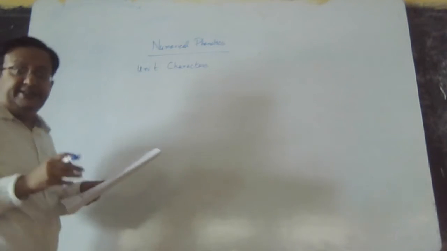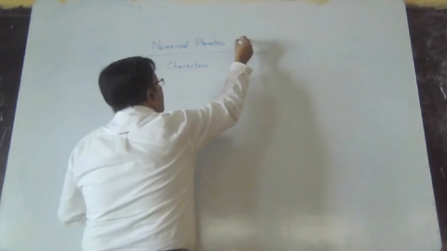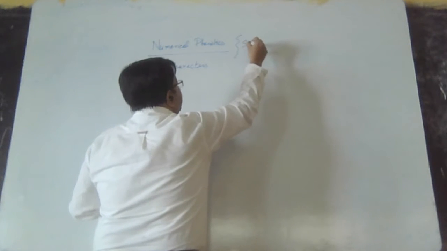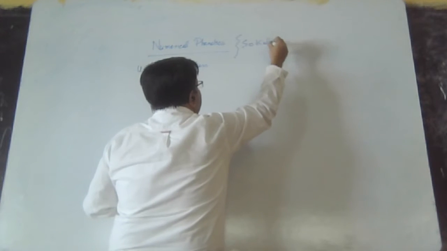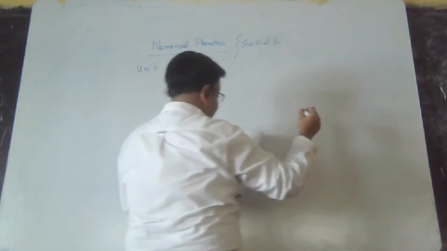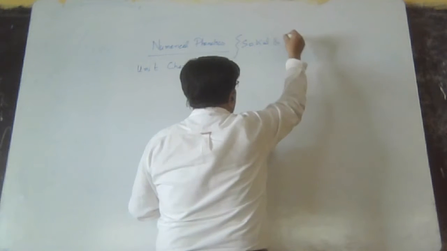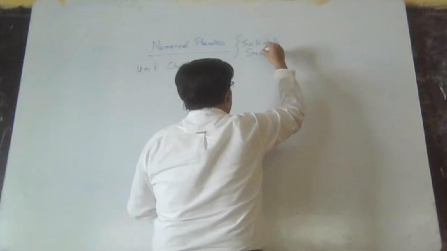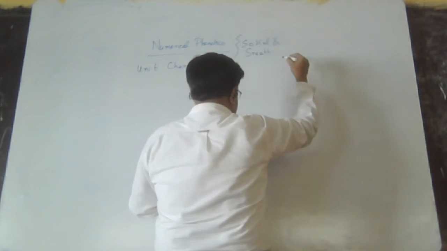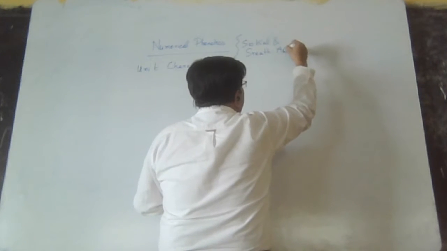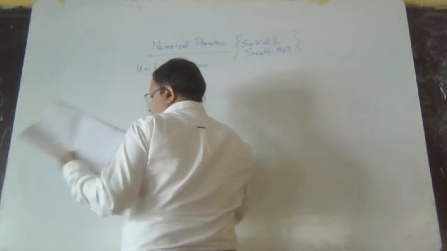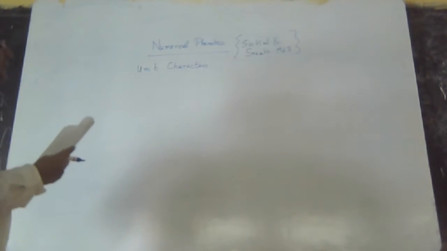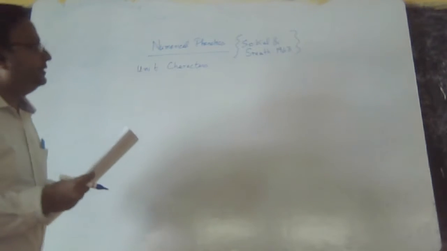Now all these references are based on the book from Sokal and Sneath, 1963. This is a good book on numerical phonetics. Since numerical phonetics nowadays is not used very much, you don't have any recent books on this.